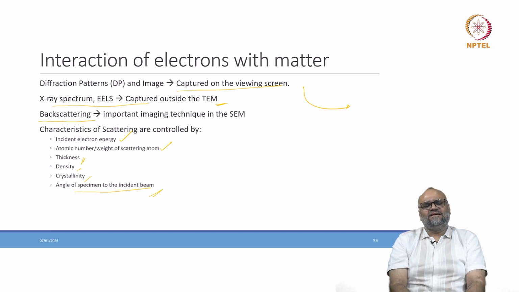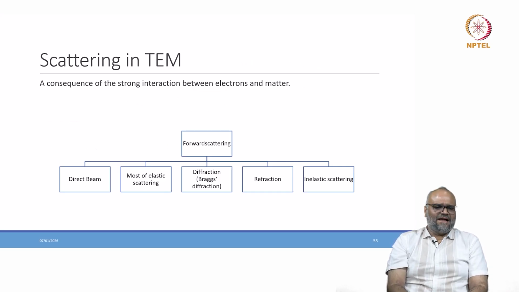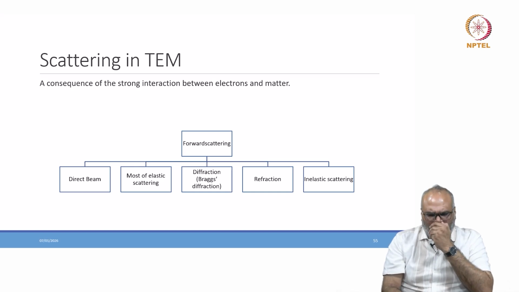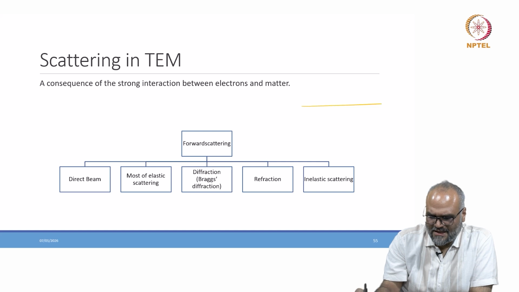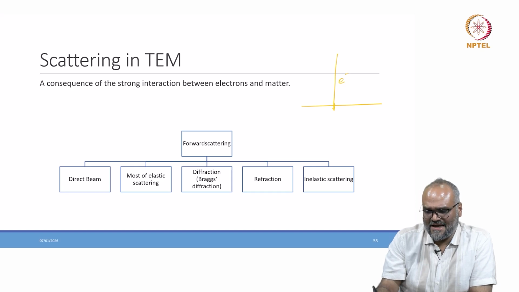If I look at scattering in TEM in general, I can classify scattering based on the angle of scatter. As a consequence of strong interaction of electrons with matter, you have something called forward scattering or backward scattering. If I have a specimen like this, and an electron beam incident perpendicular to the specimen, and let us say this is along the principal axis of the microscope, I can define the angle of scatter.